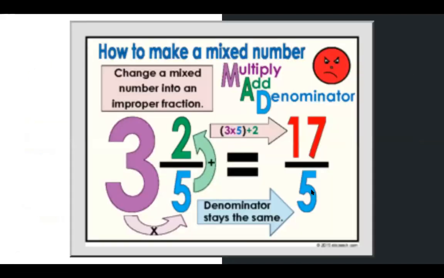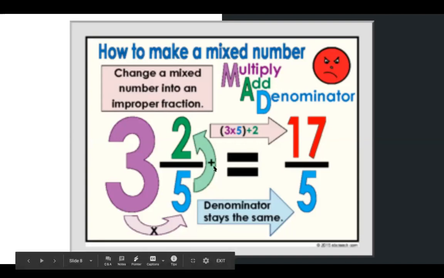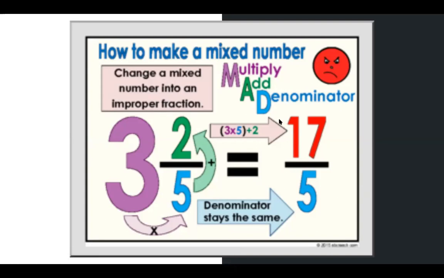We'll talk more about mixed numbers over the next couple of days, but this is how we connect mixed numbers and improper fractions. We call it improper because the numerator is larger than the denominator. And when that happens, it's showing an amount that's greater than 1, right?